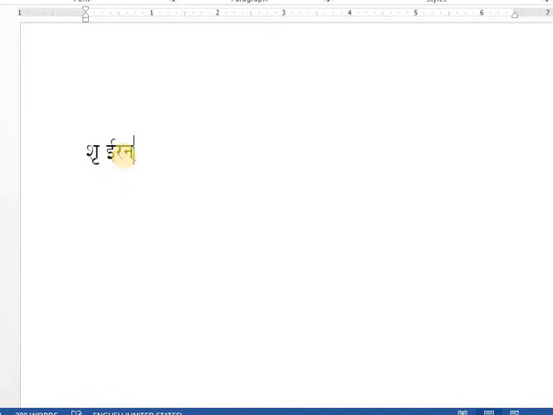Now it is very interesting to learn how the word Sarira is created. Sru: can anyone tell me what the vowel in Sru is? Sa plus Ru. Ru vowel is there, right? And out of Iran, Ira is left.